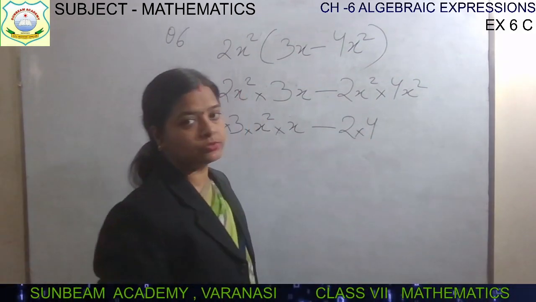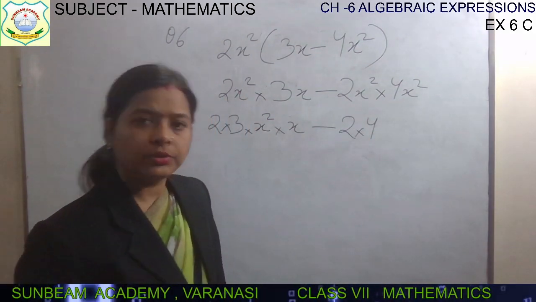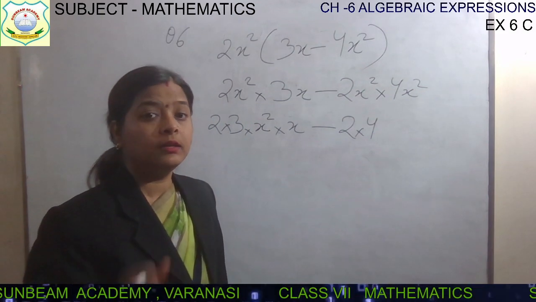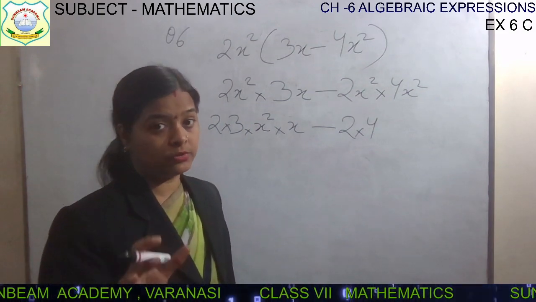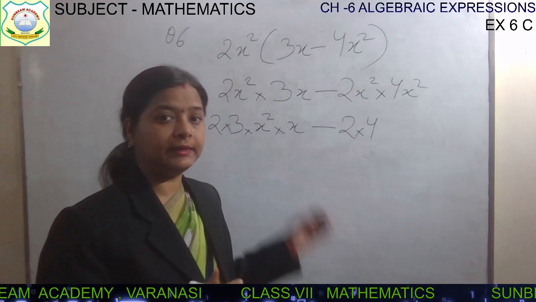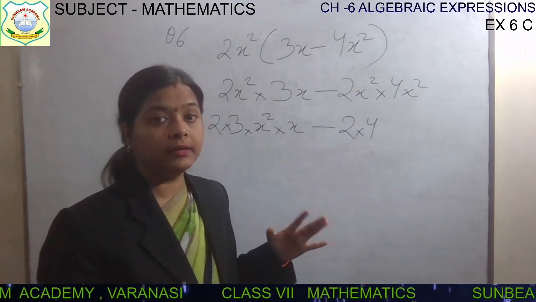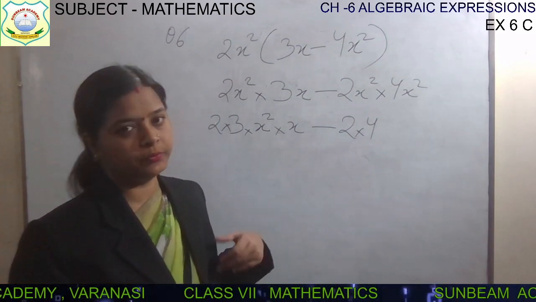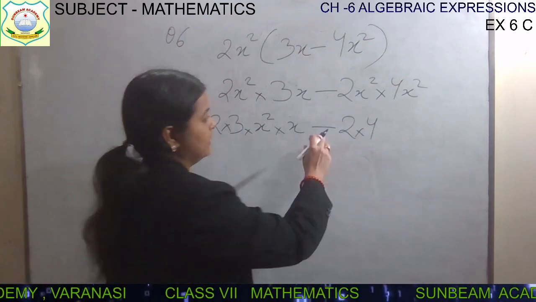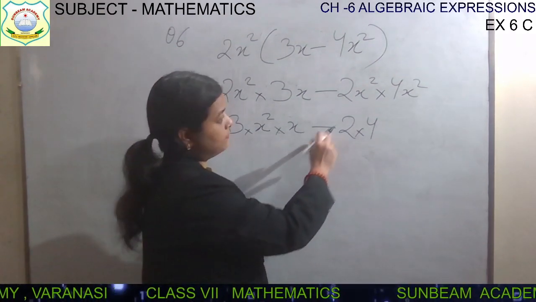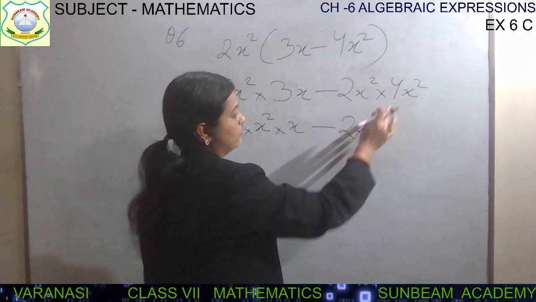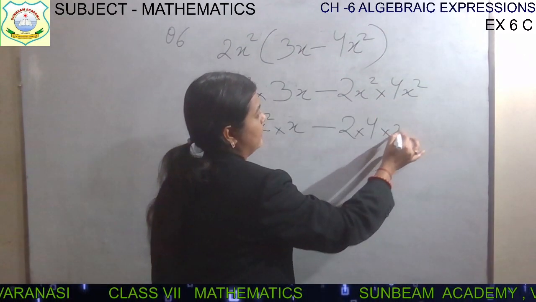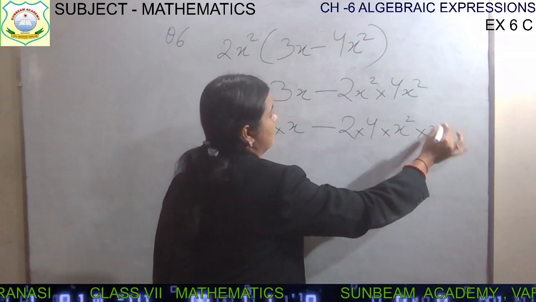Sometimes children used to write it directly, so you can write it directly, beta, but right now you are in the stage of class 7th, so it's better to write it this way so that you will never make any type of mistake. When you go to senior classes, you can skip this particular step and do it directly. 2 into 4, and then x square into x square.